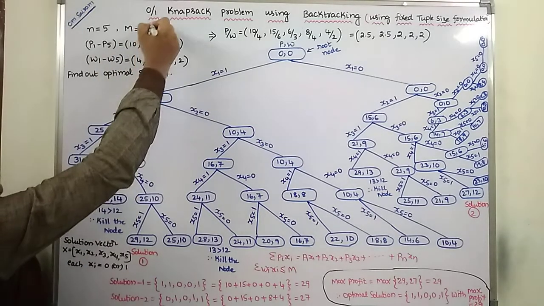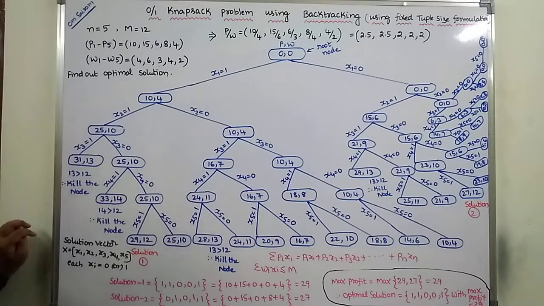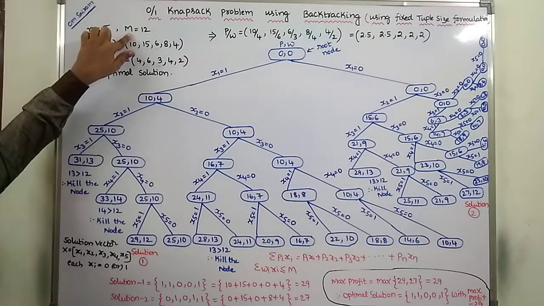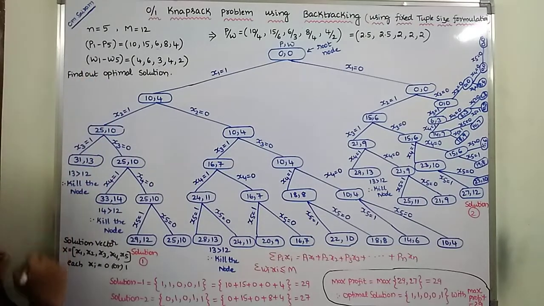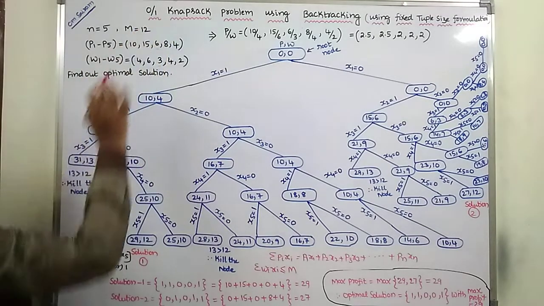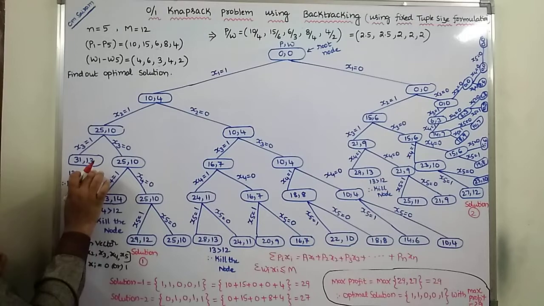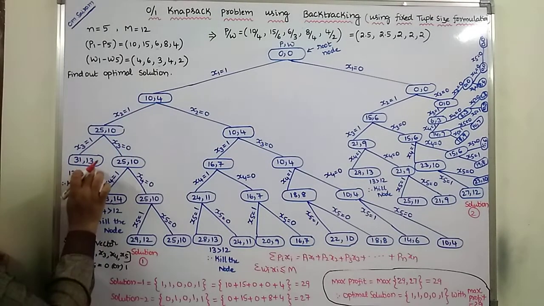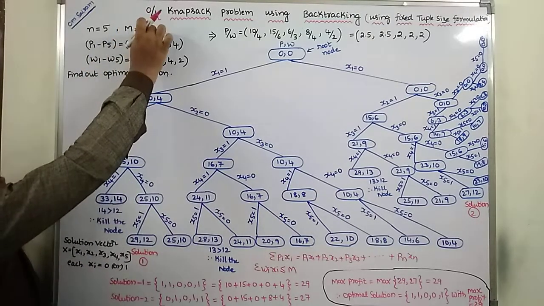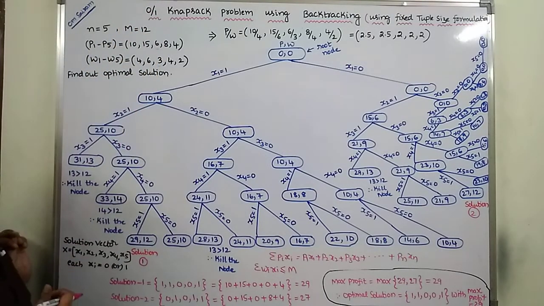Okay, what is the capacity of the knapsack? The capacity of the knapsack is 12, but here the weight is greater than the capacity. After considering three objects, the weight is 13, but the capacity of the knapsack is 12.